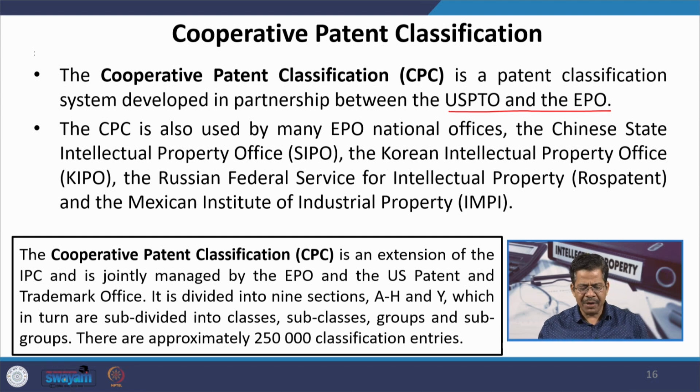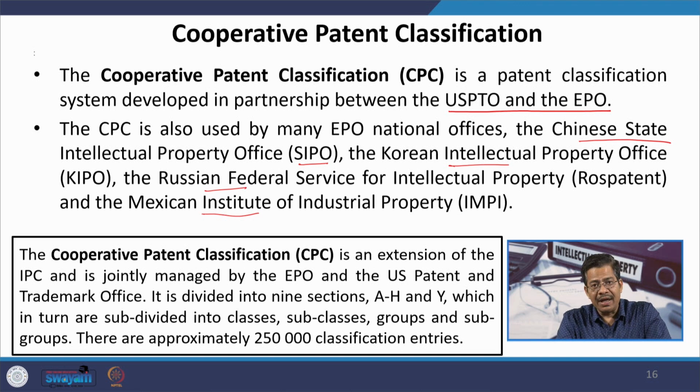Now, CPC is also used by various national offices like the Chinese Intellectual Property Office, the Korean office, the Russian office, and the Mexican office. So, there are multiple users, because the US is using it, and many other countries start using this system.